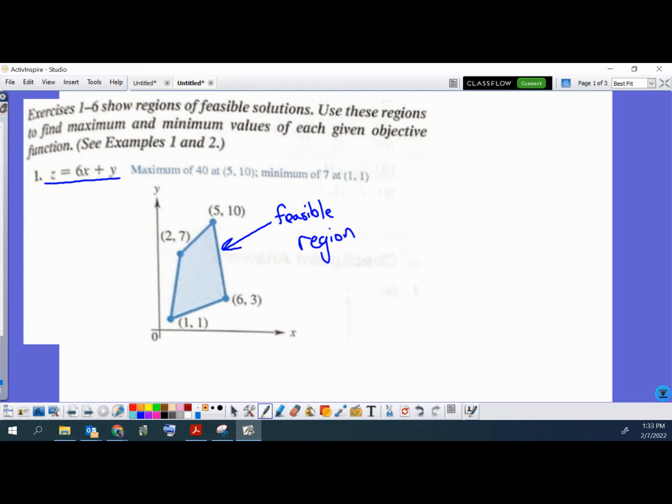And then the feasible region is all of the x and y values that are possible in the given problem. And you're bound by those inequalities that gave you the feasible region, and they're called constraints. So, for instance, maybe you're running a factory and you make two products, and X could be the first product, maybe it's doodads, and Y could be the second product, maybe it's whatchamacallits.